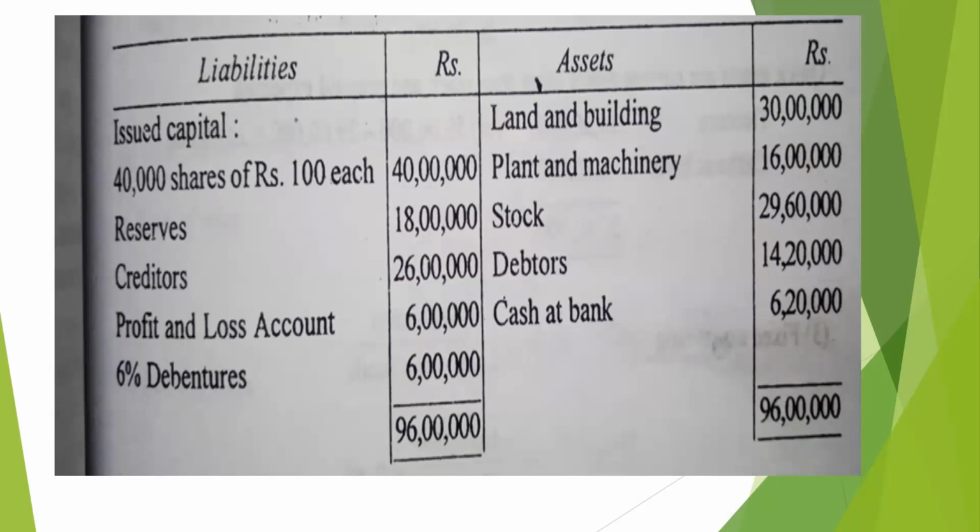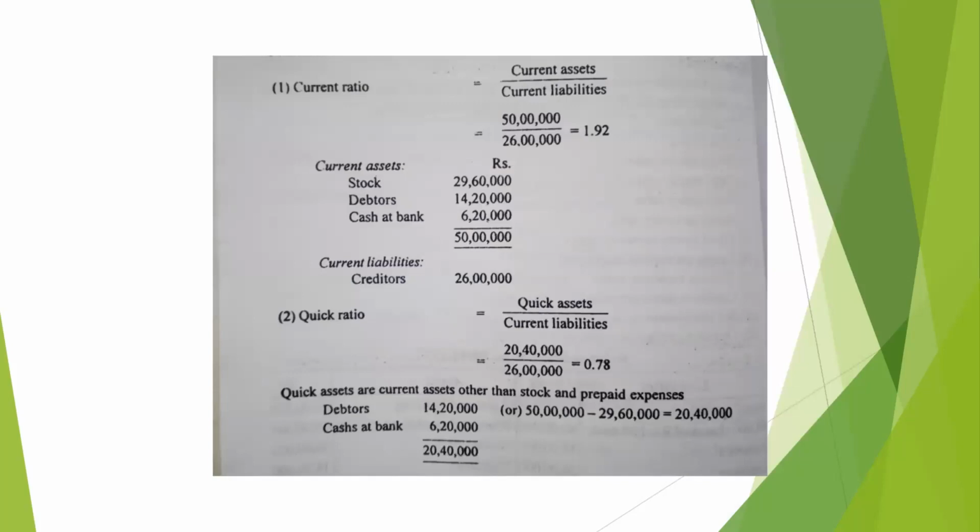Amount is 26 lakhs. So current asset value is 50 lakhs divided by current liability amount is 26 lakhs. So the current ratio is 1.92 times.